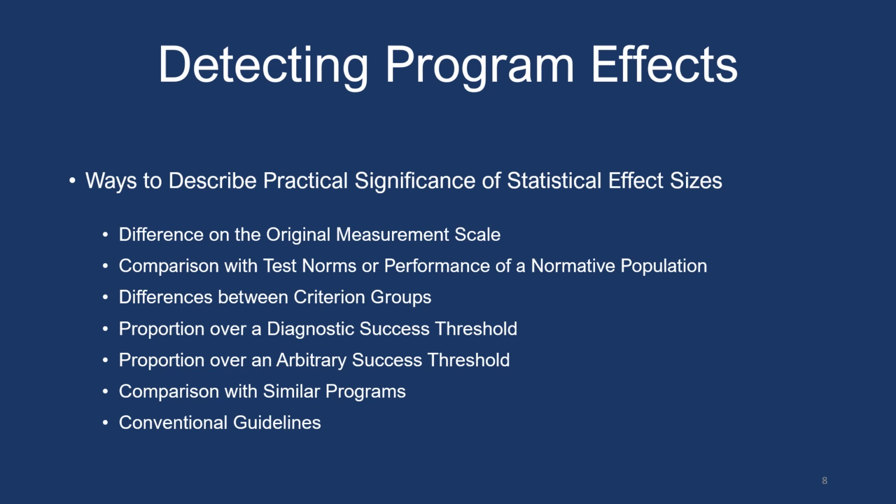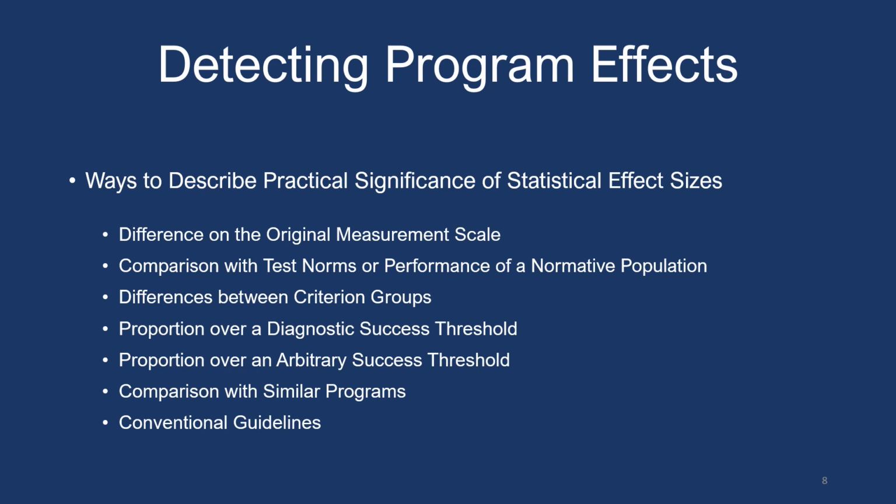We can also look at differences between criterion groups. Some programs offer the program differently to two or more groups, such as a difference in treatment approaches, dosage, frequency, or the like. In these cases, the evaluator may choose to compare those differences on the respective outcome measures.